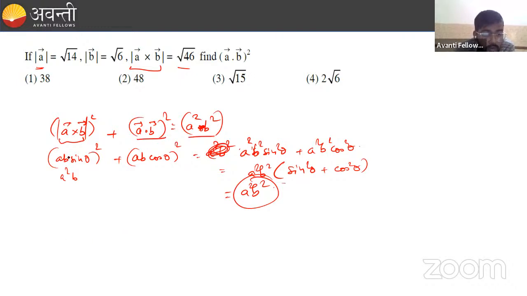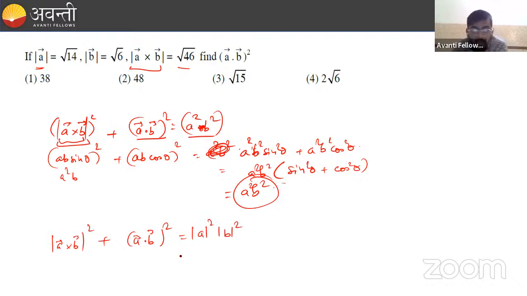Now we know mod of a, and mod of a cross b is given as root 46. So mod of a bar cross b bar whole square plus a bar dot b bar whole square equals a square b square, which can be written as mod of a square into mod of b square.